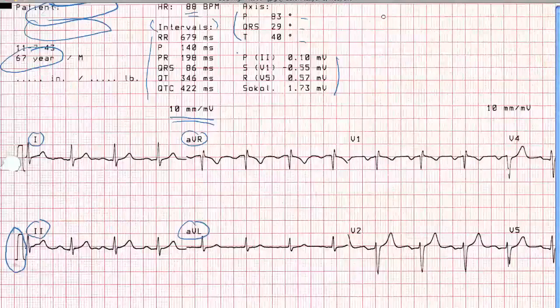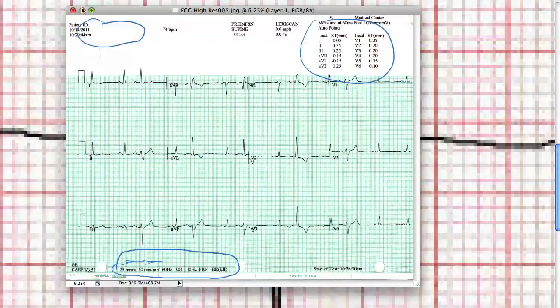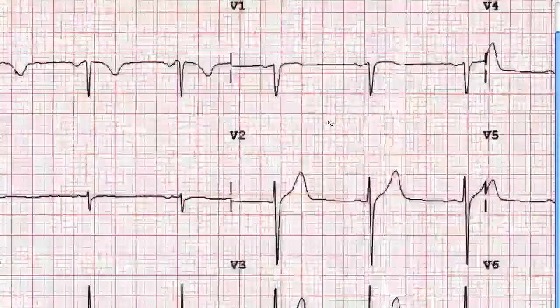Sometimes the computer will write normal sinus rhythm and so on and so forth. Often the computer readout is incorrect and needs to be overread by a cardiologist. And between you and me, it's surprising how often the official reading of an electrocardiogram is not entirely accurate. So keep all that in mind as we go through these videos and I teach you how to become an ECG expert.